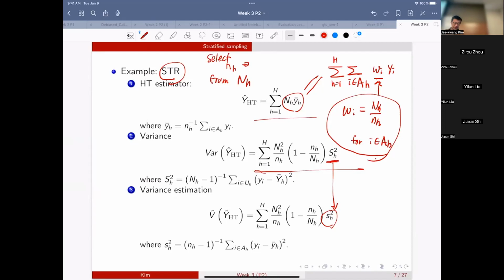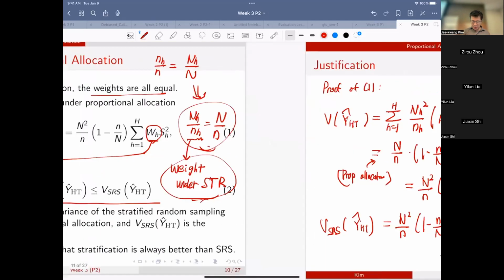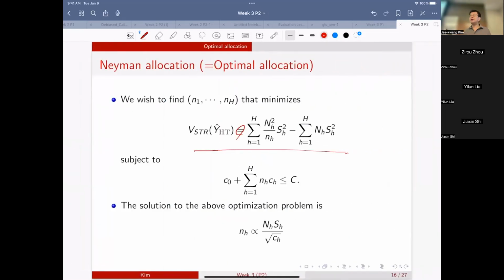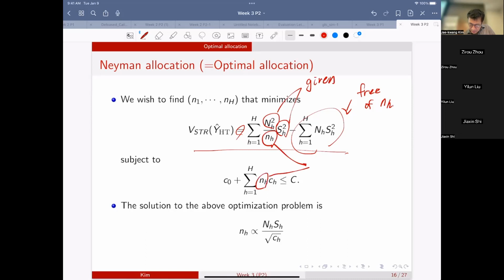So the second term turns out to be free of sample size. The second term is just a constant, free of NH. You don't have to worry about that, right? So this is all given, and the only thing to be determined is this one.